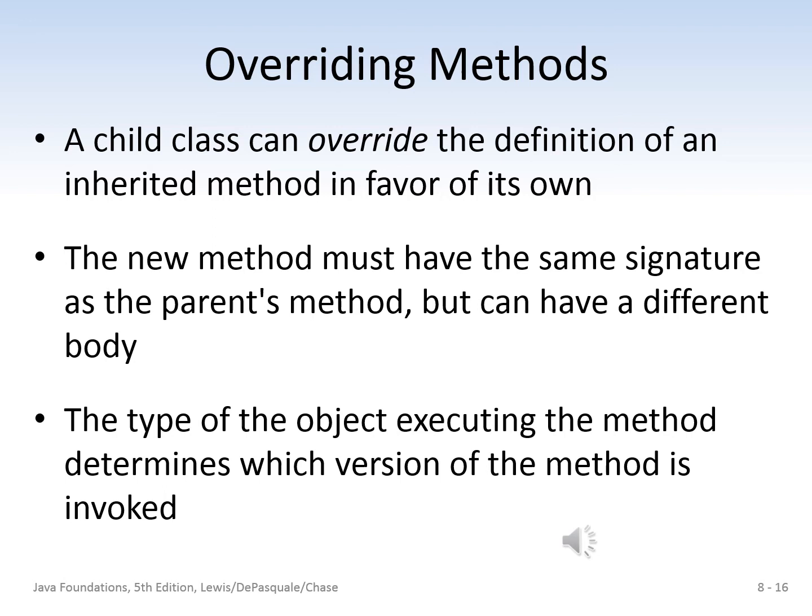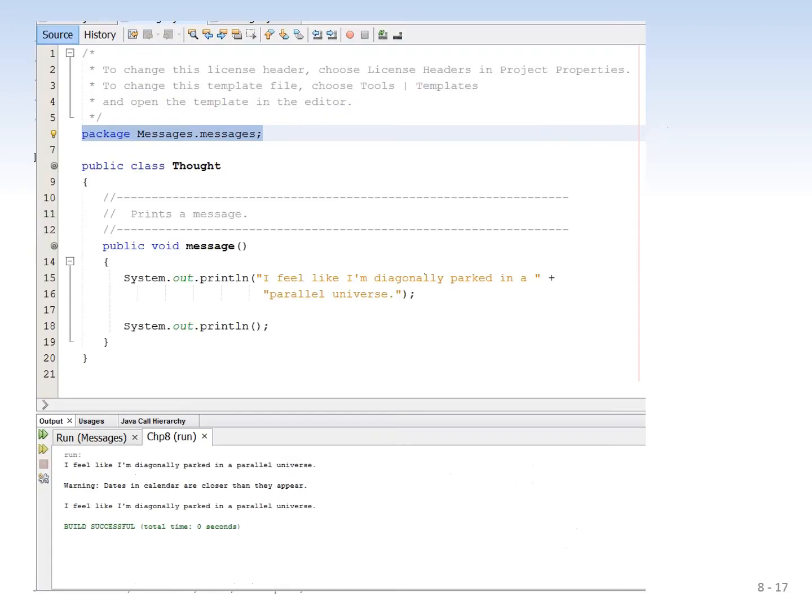The type of object executing the method determines which version of the method is invoked. Next, we're going to take a look at a coded example that demonstrates overriding methods between a parent class and a child class.